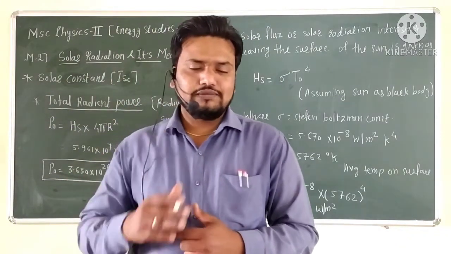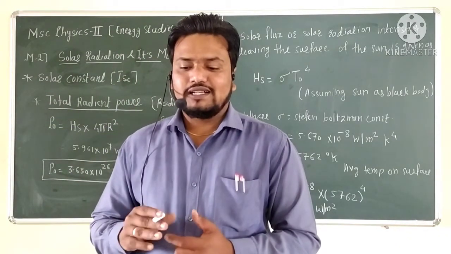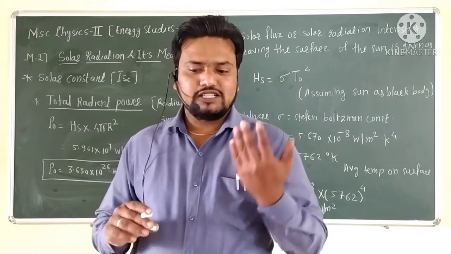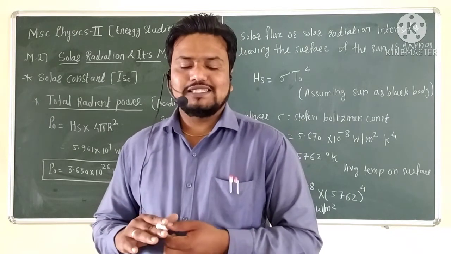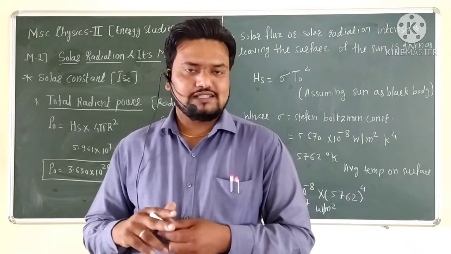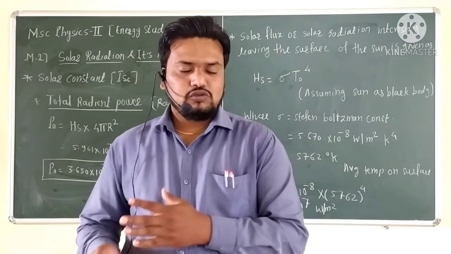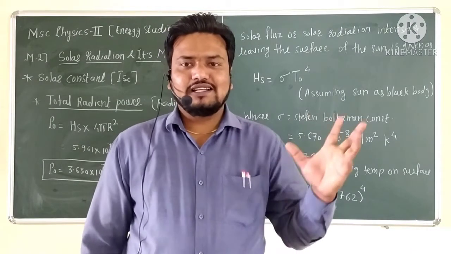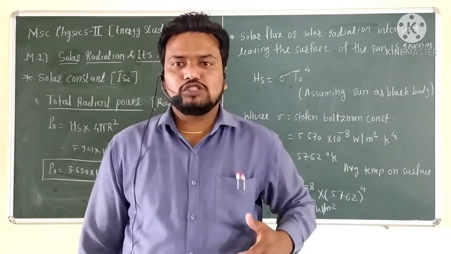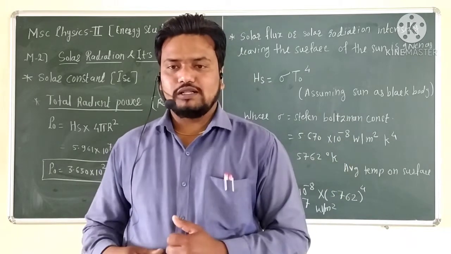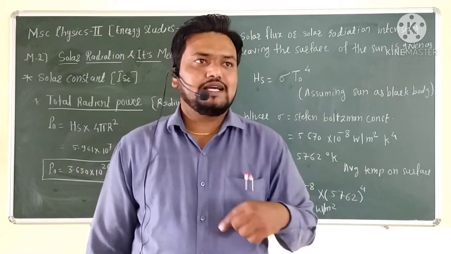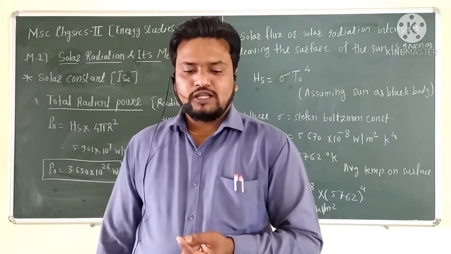And we have to consider that the sun emits radiation isotropically, and this enormous power is called the luminosity. That means the radiation is emitted from the sun isotropically.